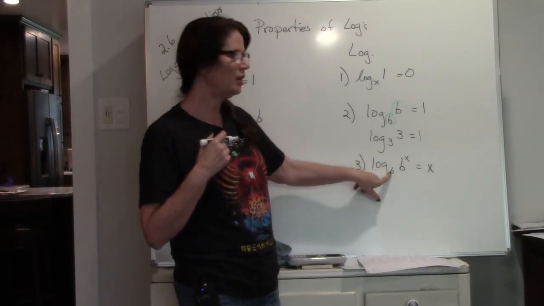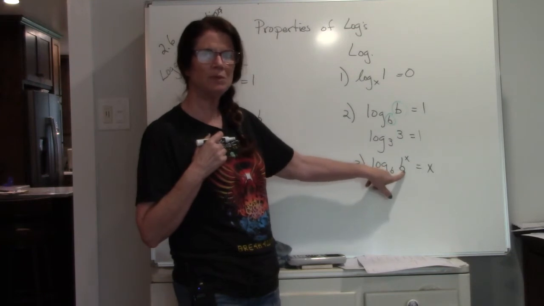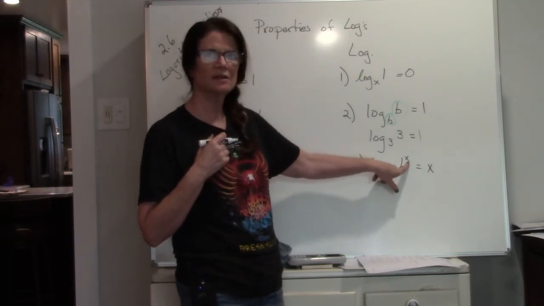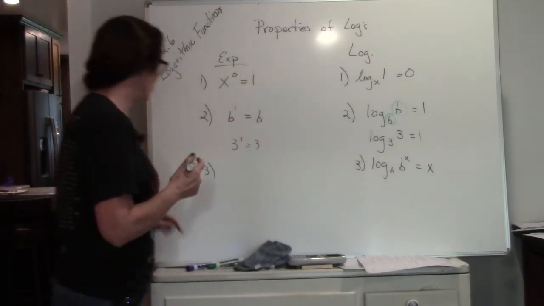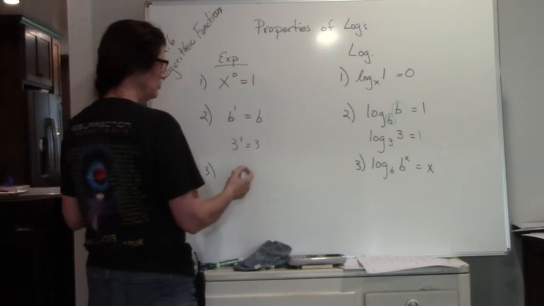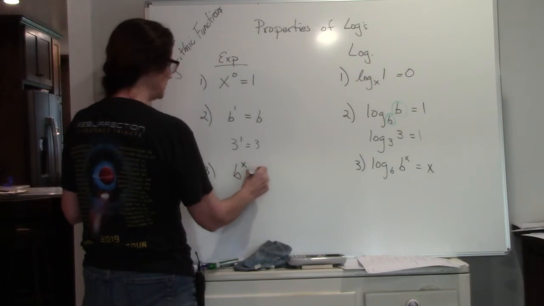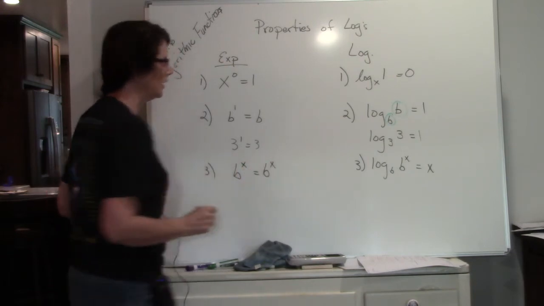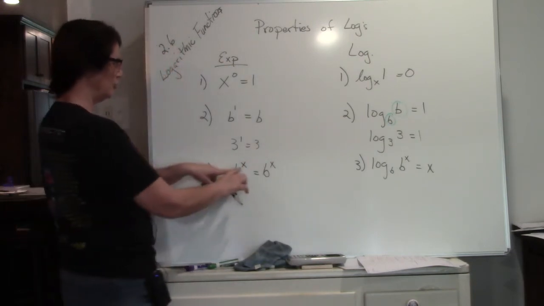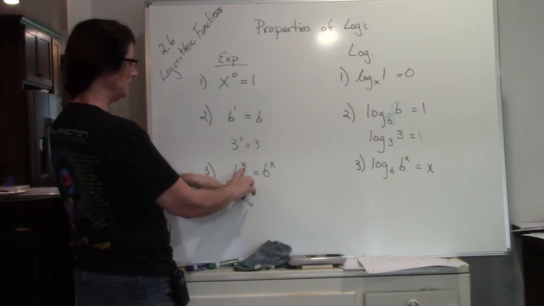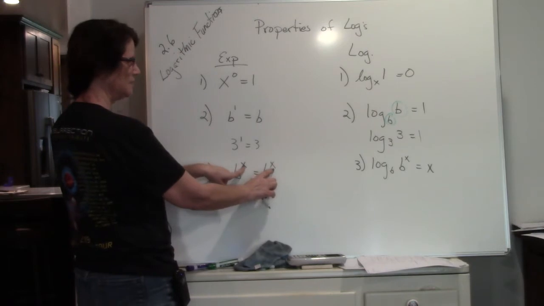Well, it's x. The exponent is x. As an exponential function, it would look like this: b raised to the x power gives me b raised to the x power. So the exponent on b that gives me the total b to the x is x.